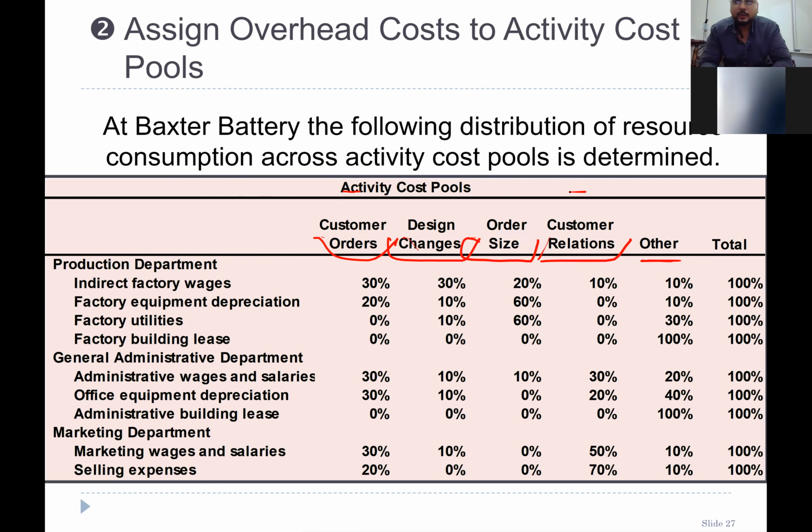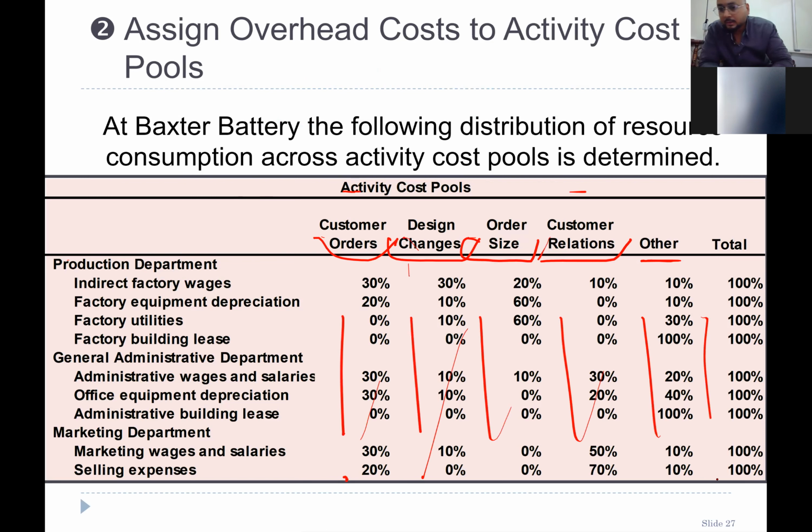Right? So indirect factory wages, and gladly all these percentages will be given to you. How this is calculated is a little bit more advanced level. Let me minimize this video screen, otherwise I cannot see here. Here we go.